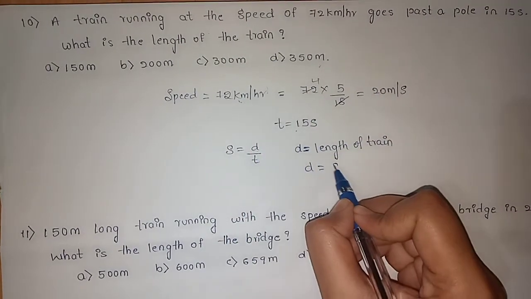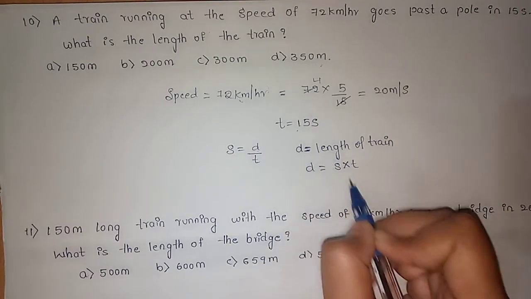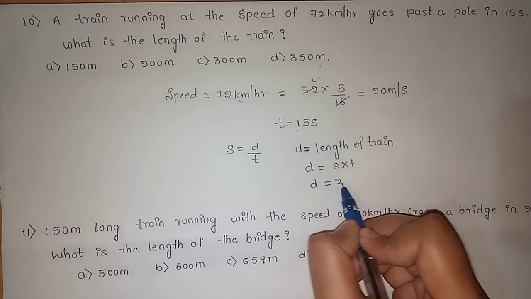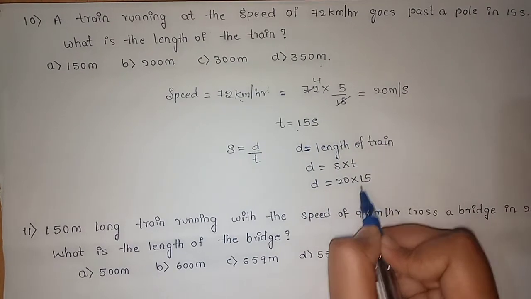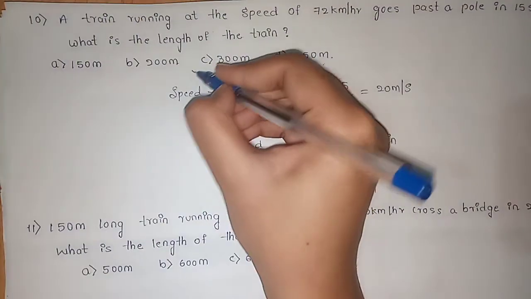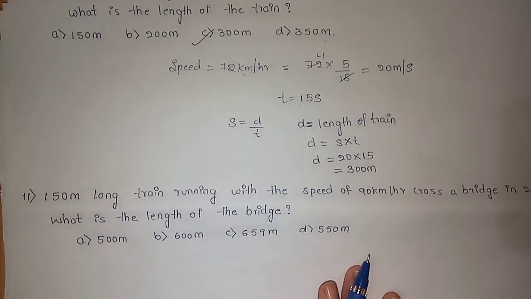Distance is speed into time. So speed is 20, time is 15. 300 meter. Option C.